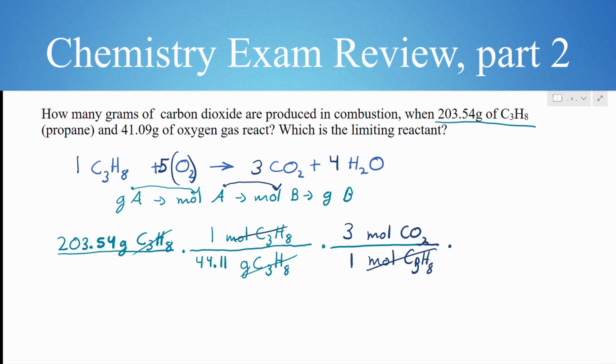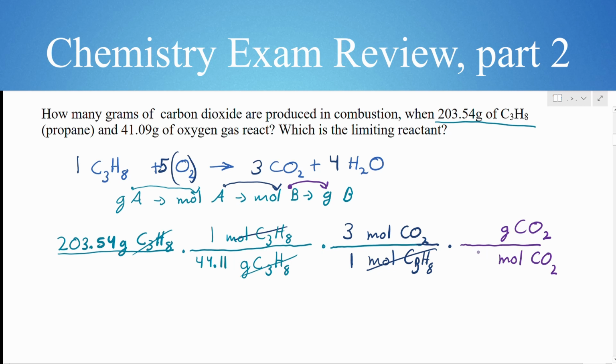Lastly, we're going to go from moles of carbon dioxide to grams of carbon dioxide. To cancel out moles of carbon dioxide, I will put that on the bottom. And we are going to convert to grams of carbon dioxide, which I will put on top. Now, remember, when we are dealing with grams and moles in stoichiometry of the same substance, in this case carbon dioxide, we're going to use the molar mass.